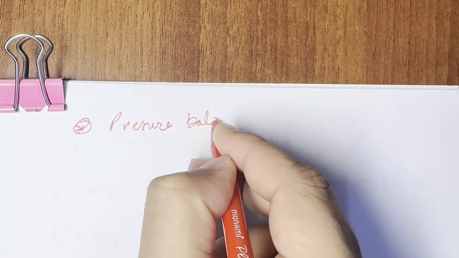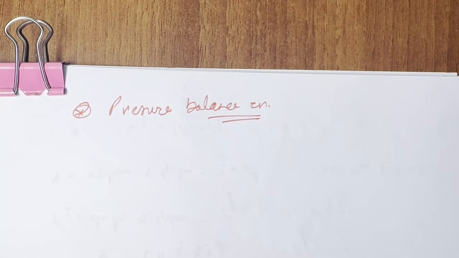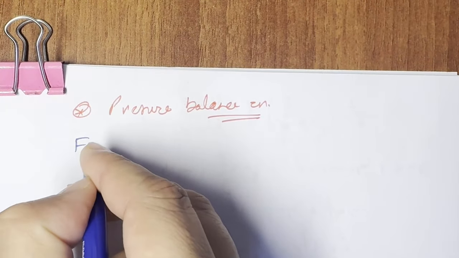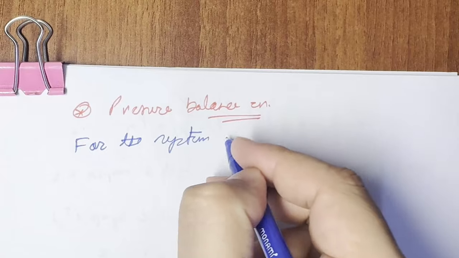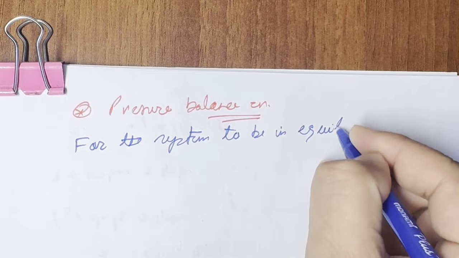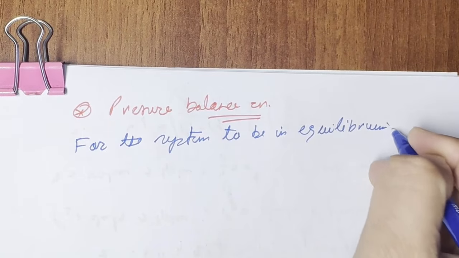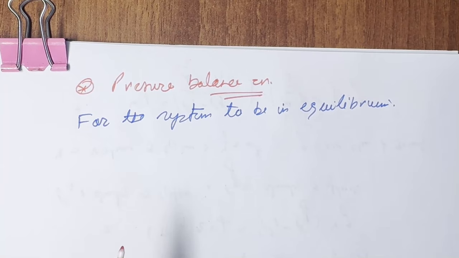For the system to be in equilibrium, the pressure at the bottom left plus the centrifugal pressure difference should be equal to pressure at the bottom because of the right arm.